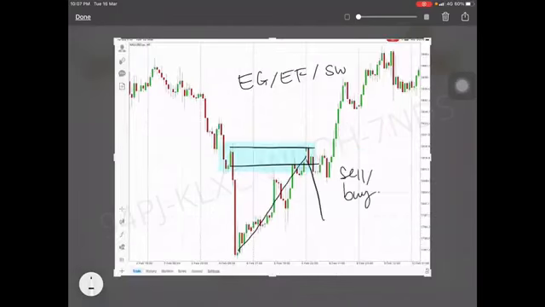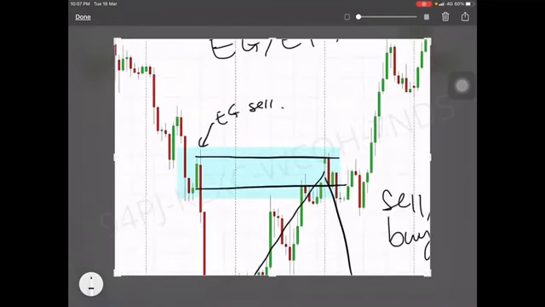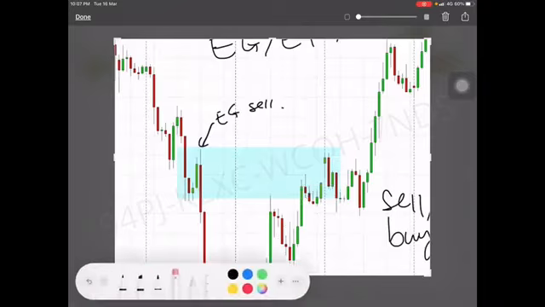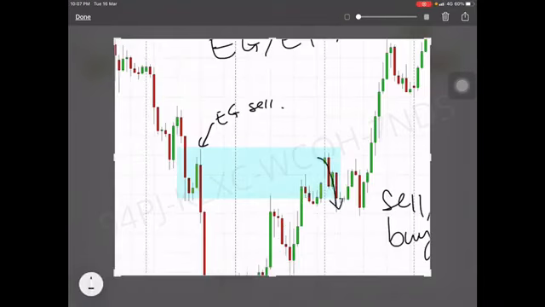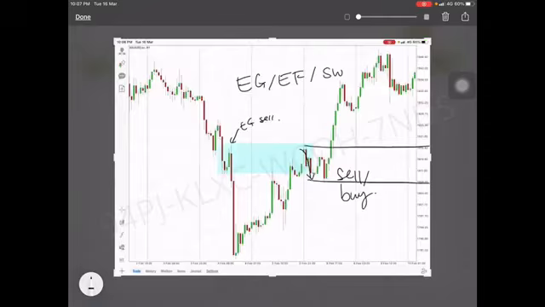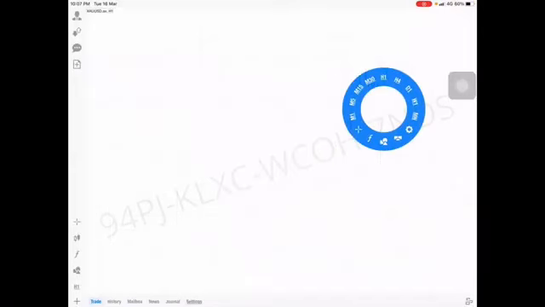Buy. Why buy? Yes, engulfing sell, so we are looking for sell. If you look at it, the price rejected, around 100 pips. Okay, I'm going to find you some more examples.